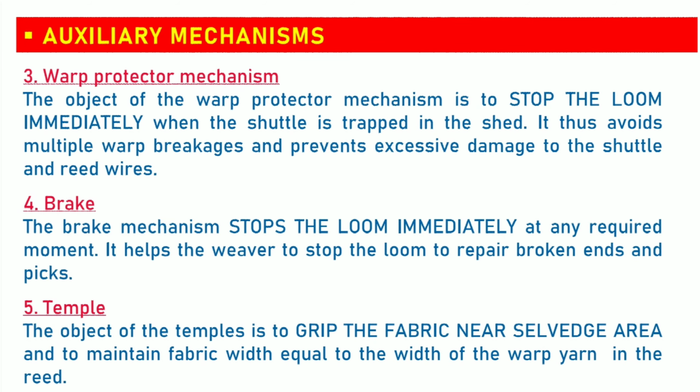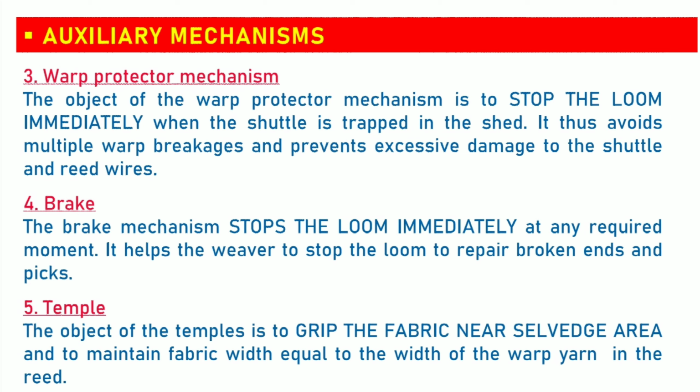Warp protector mechanism. The object of the warp protector mechanism is to stop the loom immediately when the shuttle is trapped in the shed. It thus avoids multiple warp breakages and prevents excessive damage to the shuttle and reed wires. Brake.